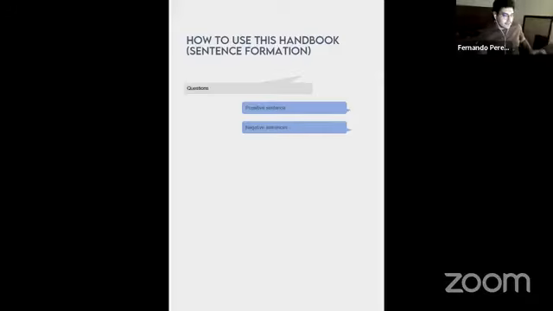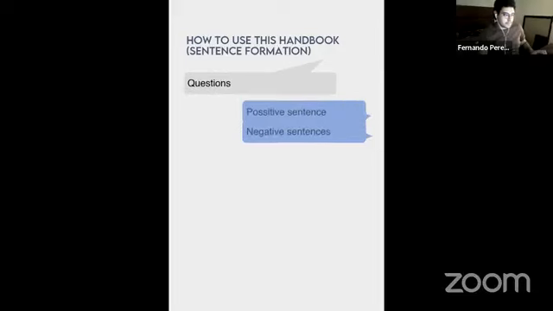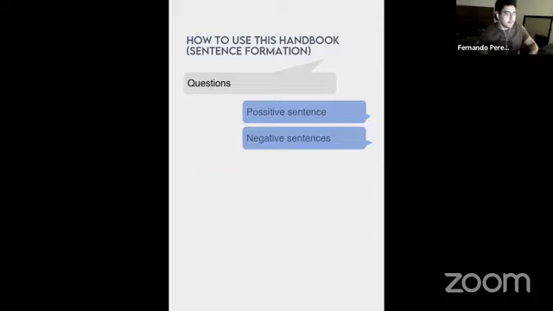This is the first thing that we need to consider when we speak. And the reason I am using this specific form of expression is because I want you to study and to understand when you are using a positive sentence versus a negative sentence. They are different.